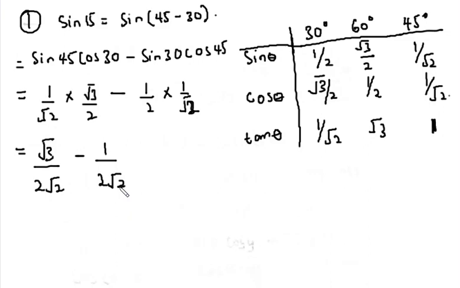If you look at this fraction, both of them have the same denominators, so the numerators stay the same. So we have root 3 minus 1 over 2 root 2. That's the answer to this problem.